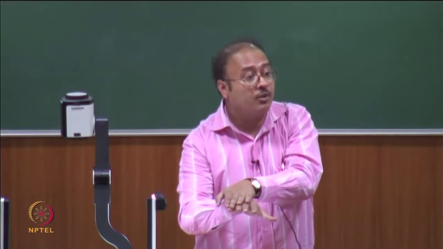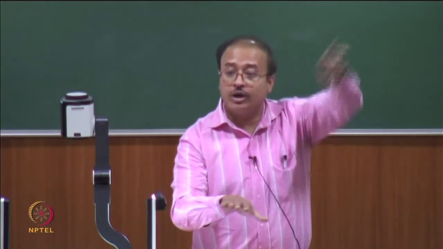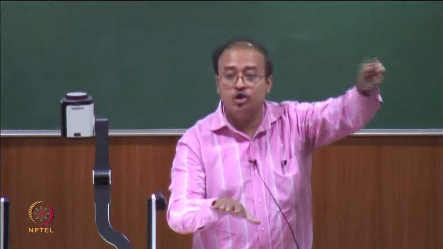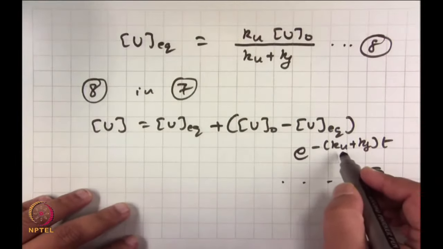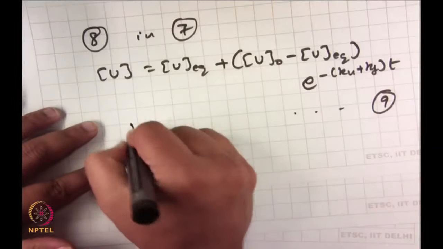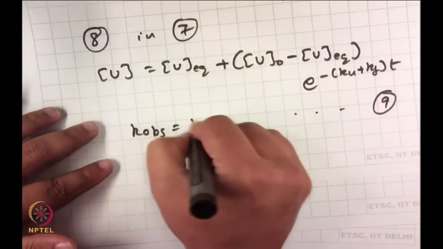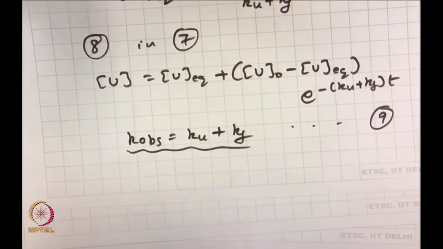That means how did you come from an initial condition of u naught to u equilibrium? You came by this exponential relaxation factor, e to the power minus (k u plus k f) t. So, what I can write now is k observed is equal to k u plus k f, and this is what you are plotting on the y axis of your chevron plot. Please remember that.